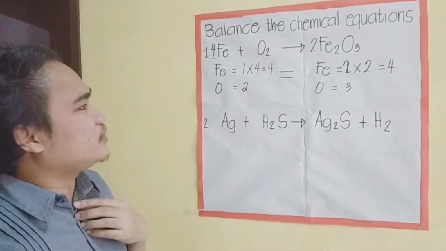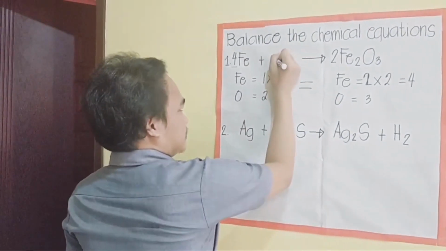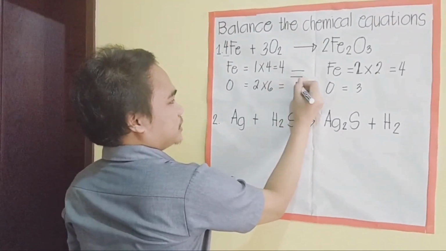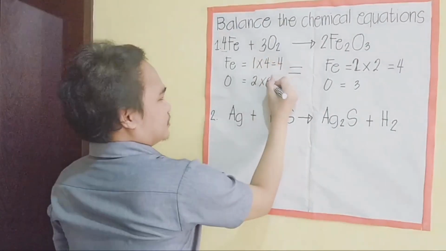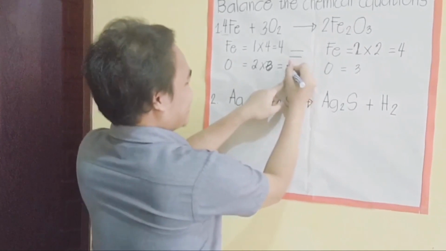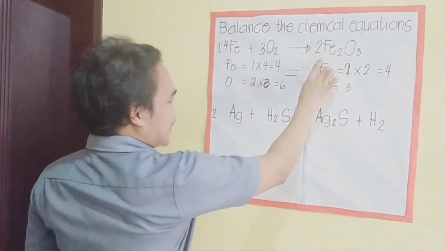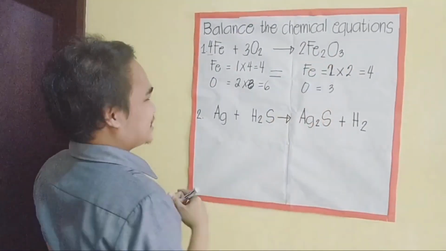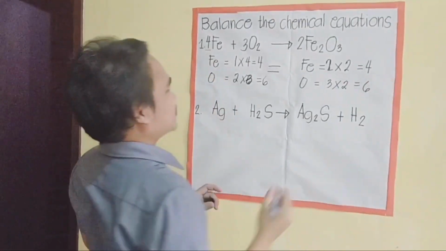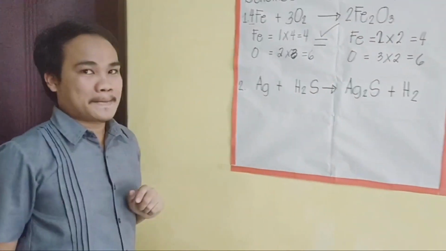So what number are we going to add? Okay, 3. So 2 times 3 is equal to 6. And then, since we add 2 at the right side, 2 times 3 is equal to 6. So they are balanced now.